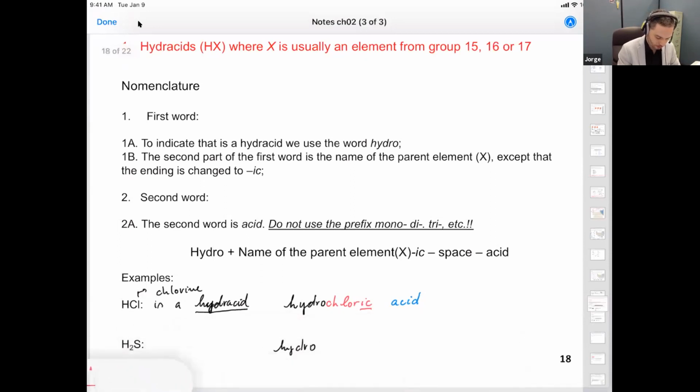The second word is going to be the name of the element, followed by IC. So we have here sulfur. In this case, we are going to add IC at the end. So that will become hydrosulfuric acid.